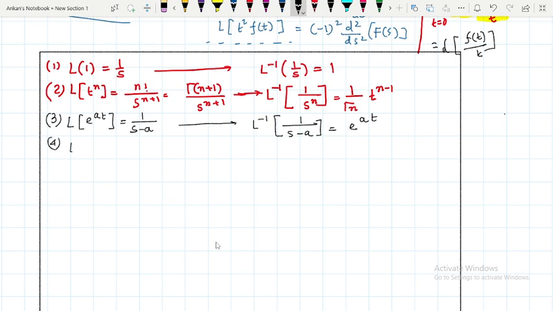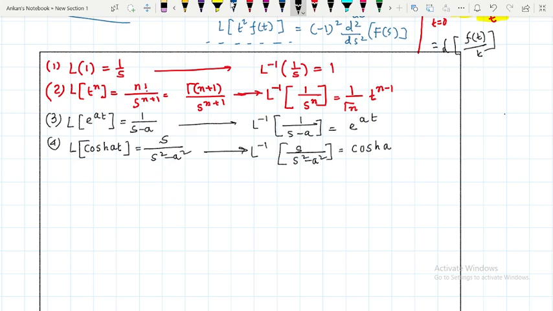Likewise, for cosh(at) we write s by s^2 minus a^2, so inverse Laplace of this will be cosh(at). Similarly, Laplace of sinh(at) is a by s^2 minus a^2, so the inverse Laplace of this.